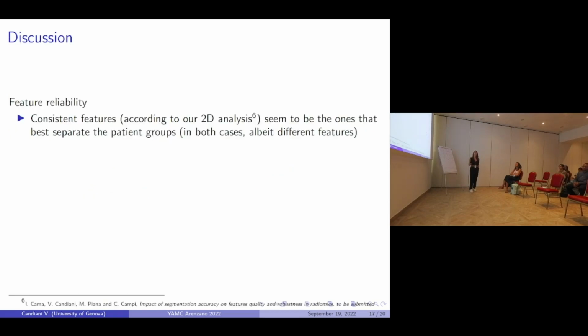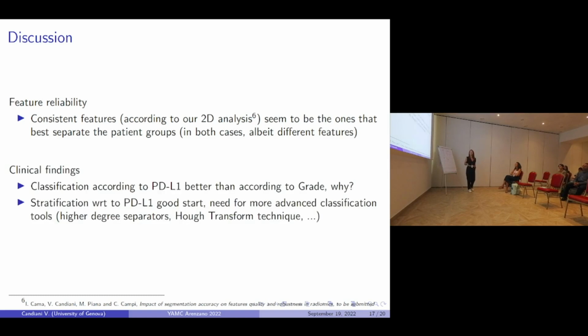Once again, some discussion. The good thing is that the features that we classified as consistent and more reliable in our 2-dimensional analysis, so in the work that Isa presented before, are actually the best in separating the patient groups. So there is some sort of reason behind it, and some sort of reassurance in that.